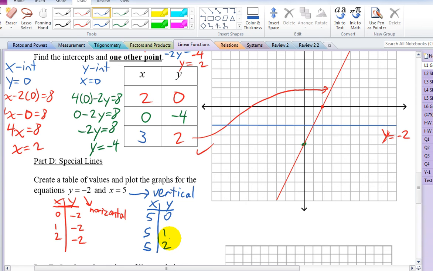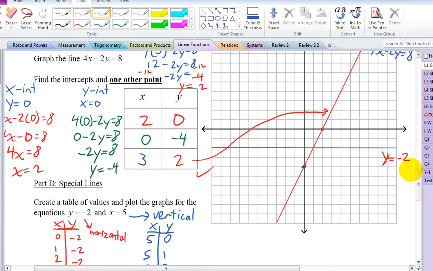Some of you might not have done this. Some of you might look at the equation and know exactly where to put it. Okay?